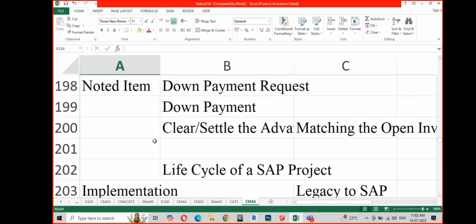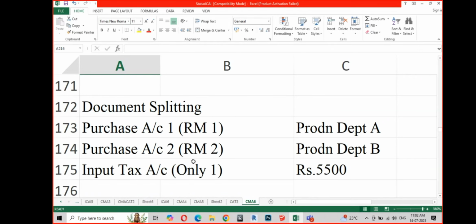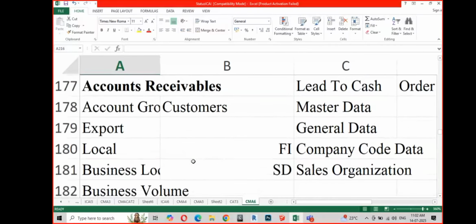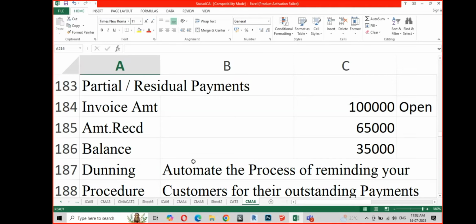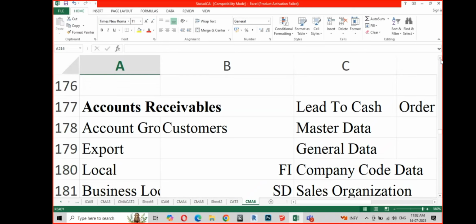I hope the concept of document splitting was clear. We also discussed, even before we wound up the session for the week, the AR, since we had already had a good coverage of accounts payable. Now we have accounts receivable. So we discussed the cycle called lead to cash, or in your ECC terms, order to cash.